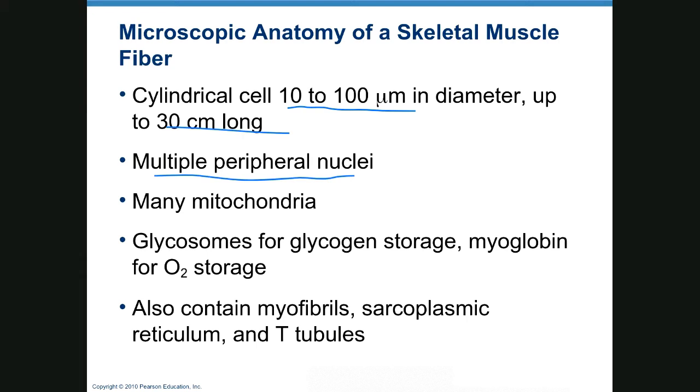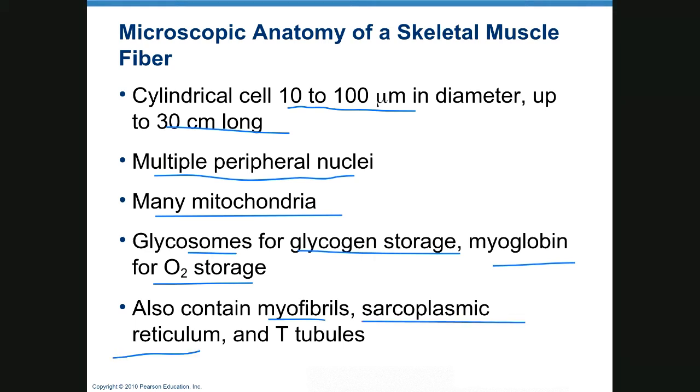Many mitochondria, so they can burn oxygen for energy. Glycosomes store glycogen, which is the human animal equivalent of starch. Myoglobin stores oxygen, such as hemoglobin stores oxygen in the bloodstream. They also have your myofibrils, sarcoplasmic reticulum, and T-tubules.